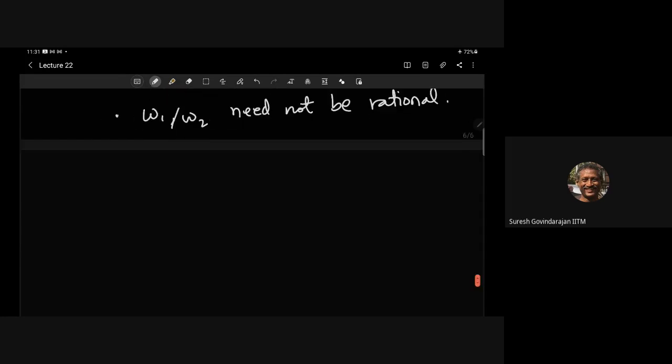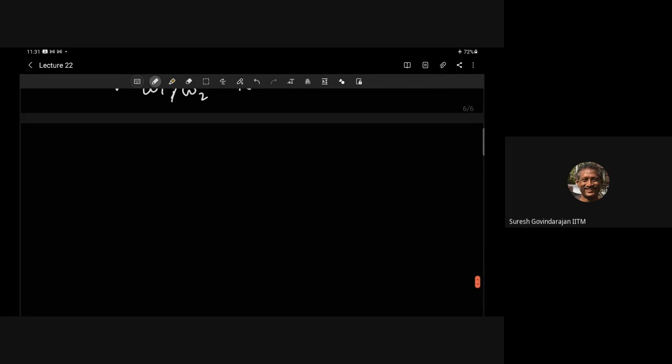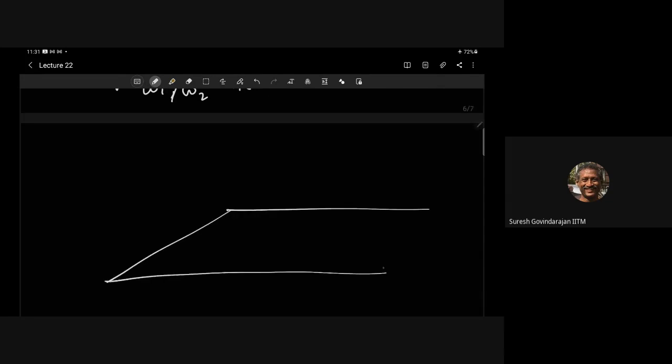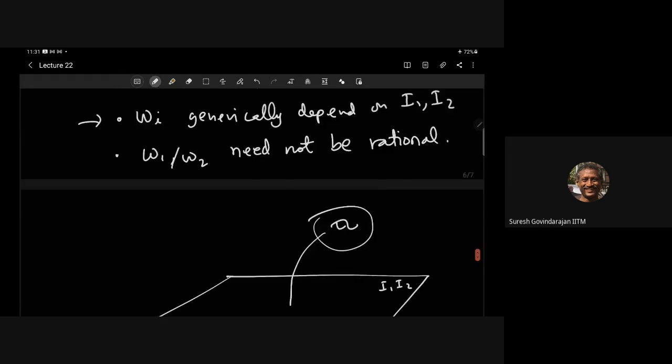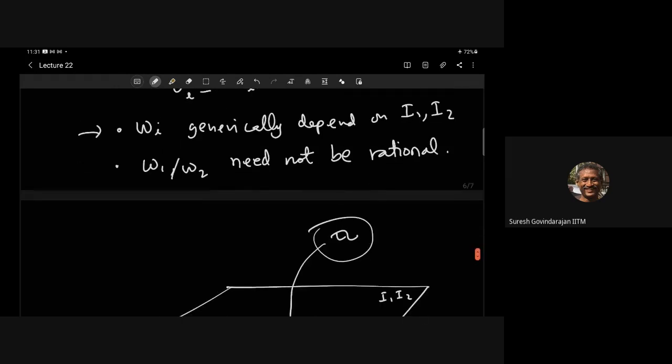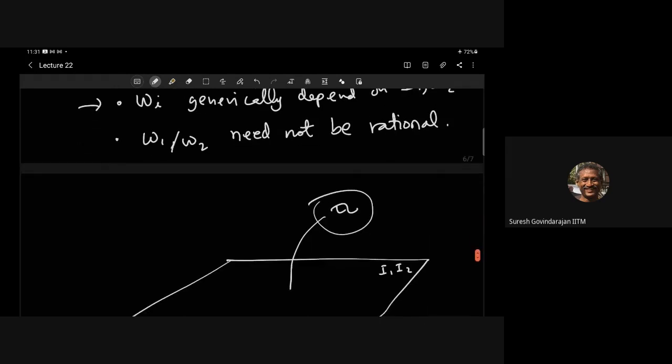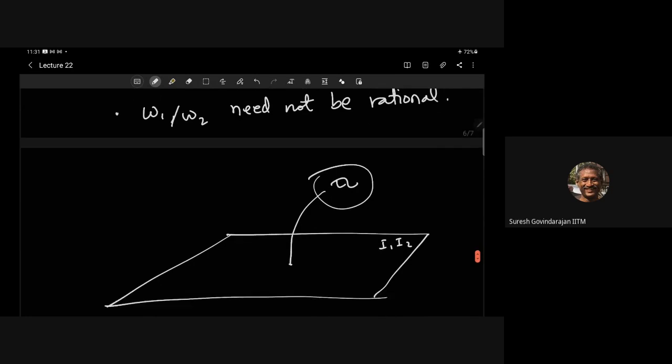Okay, so the point here is that what we have is a plane, by plane I mean just the I1 and I2 plane, and at any point there will be a torus, two circles, with angles theta 1 and theta 2. But now what this says is that the frequency changes if you change your initial condition.